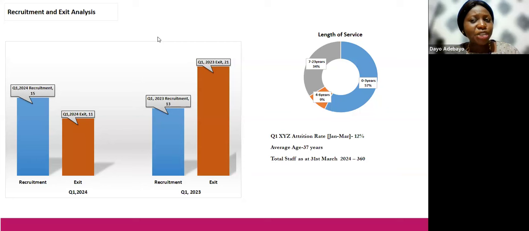Going back to the length of service, if people within 0 to 3 years are leaving and the people within 7 to 23 years are staying, what is that saying? Are we having a problem in our onboarding process that's making people just come and leave, while the old ones have seen the system? There are so many angles to it, and that also applies to turnover rate. You also want to know whether it is from higher performing staff. These are the things that you can use to enhance your reports to the board members.